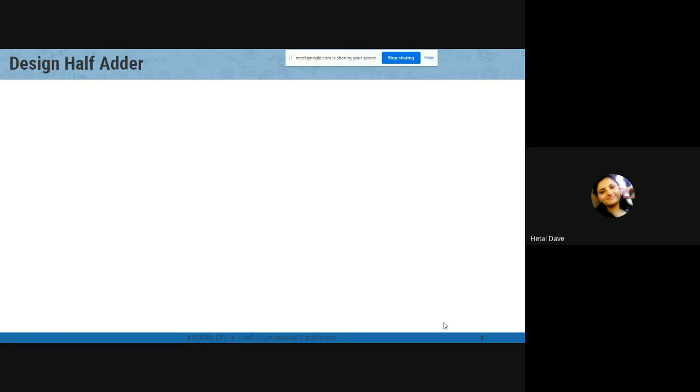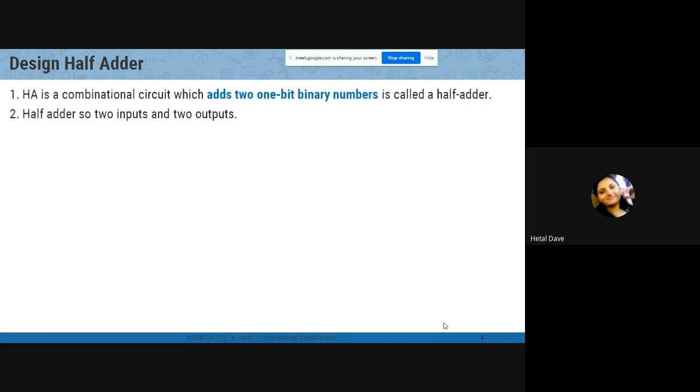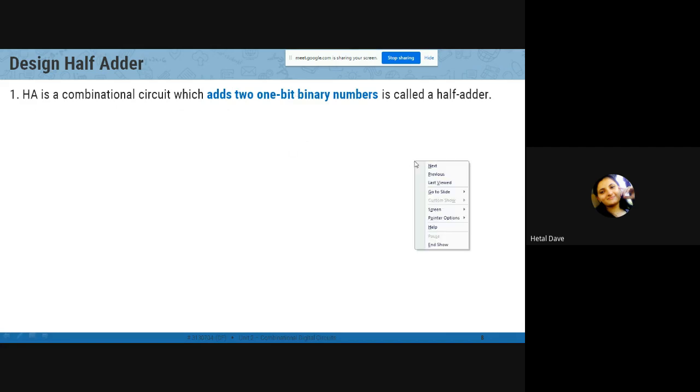So we need to make this circuit. Half adder means, let's say I want to make a 2-bit. 1 bit from one number, second bit from second number. Let's say right now everything is in binary. Let's say I want to add 0 with 1, 1 bit. So half adder circuit can be used for 0 plus 1.